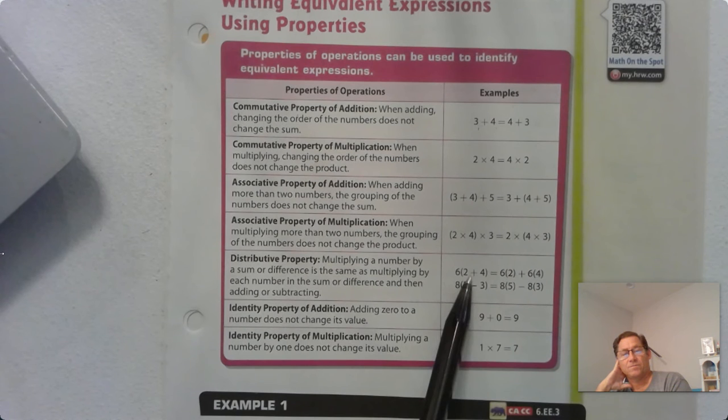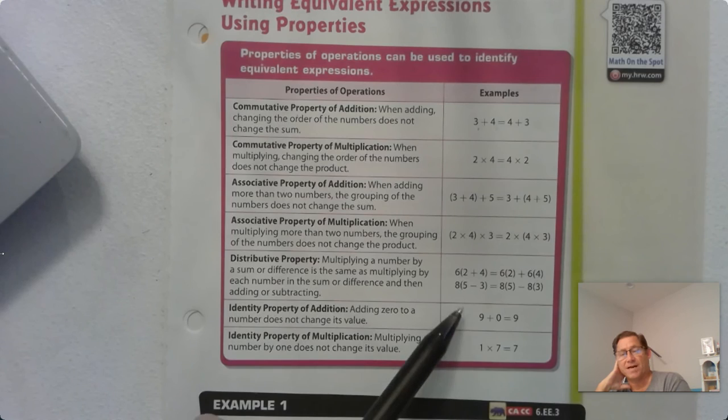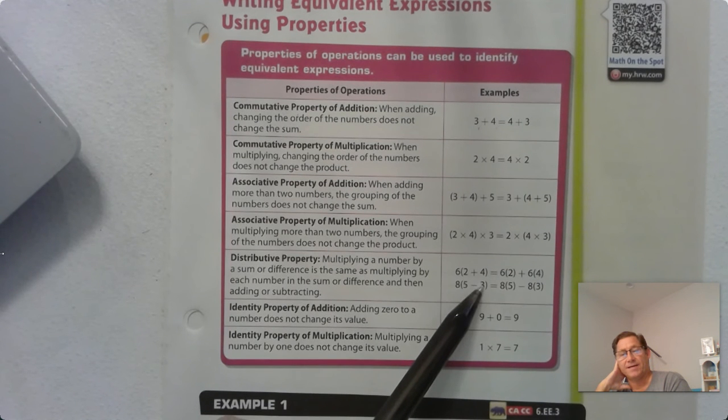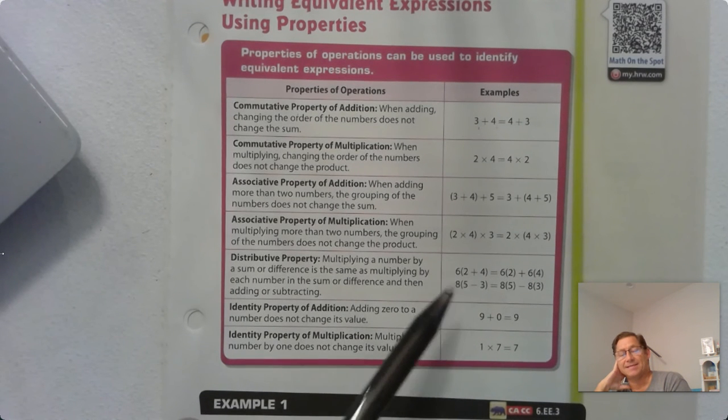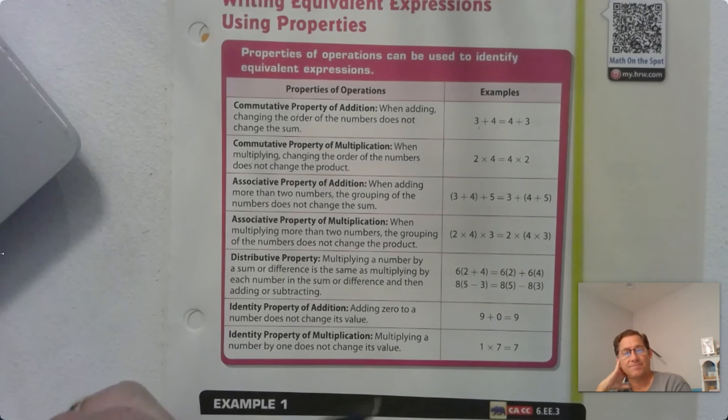So here, 6 times the sum of 2 plus 4 is the same as saying 6 times 2 plus 6 times 4. And the same thing for subtraction. 8 times 5 minus 8 times 3 is the same as 8 times the difference of 5 and 3.